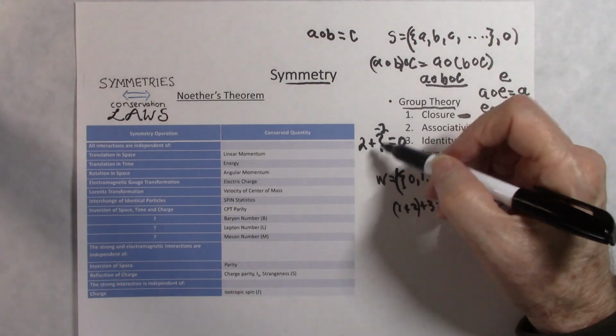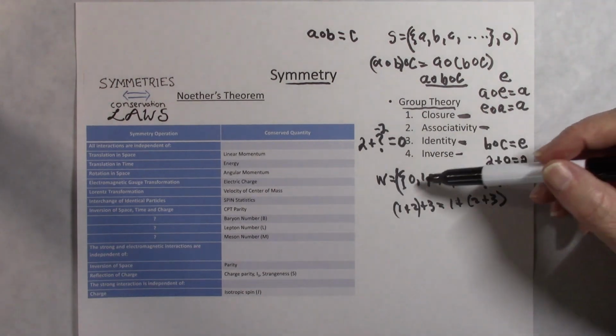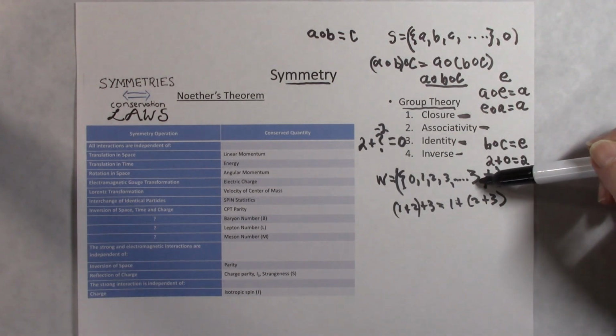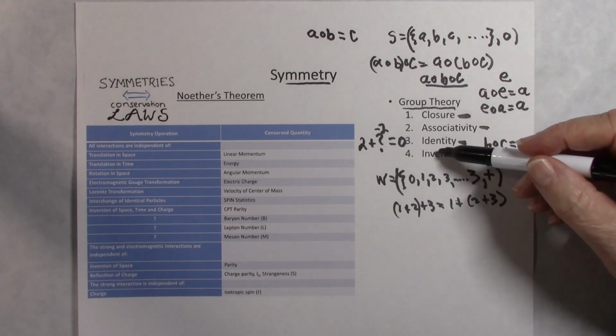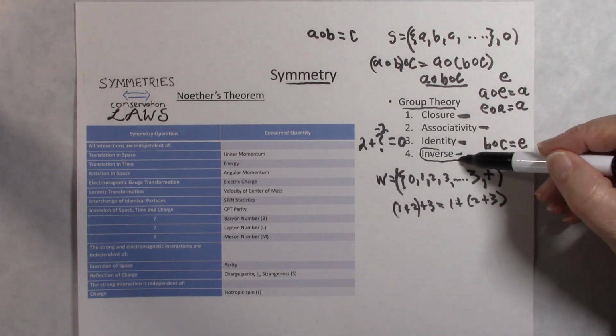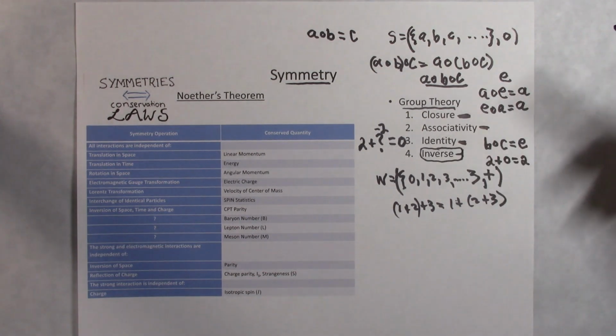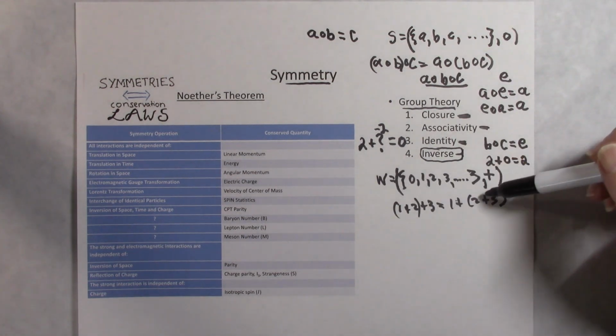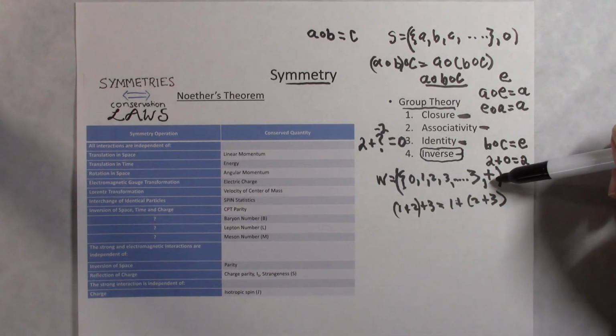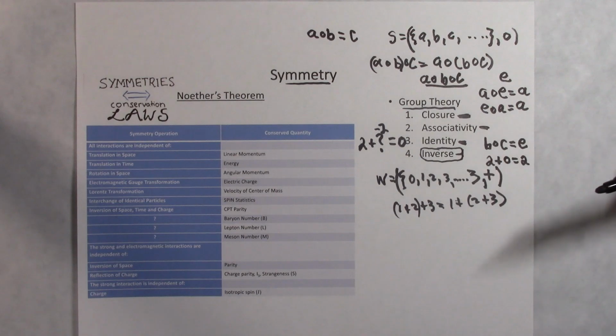If we added 2 to a minus 2, we get 0, but we don't have a minus 2 in our set. So the inverse requirement fails. We say that whole numbers with the correspondence rule addition does not form a group. It is not an algebraic group.